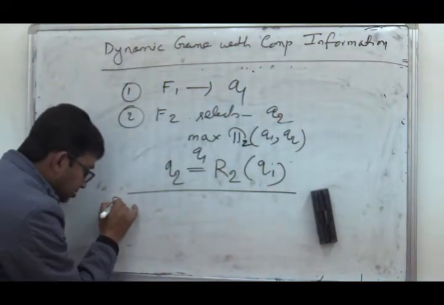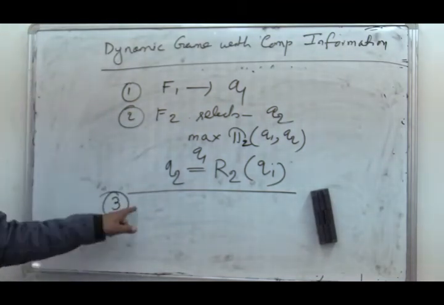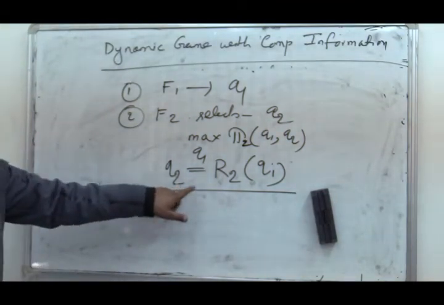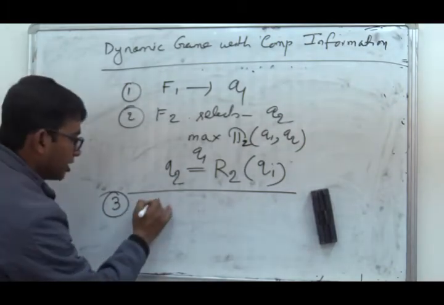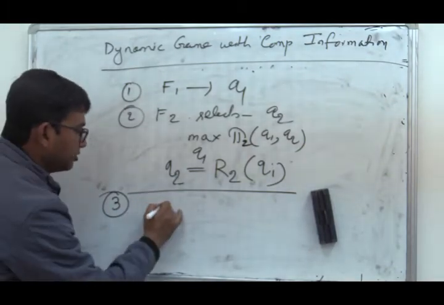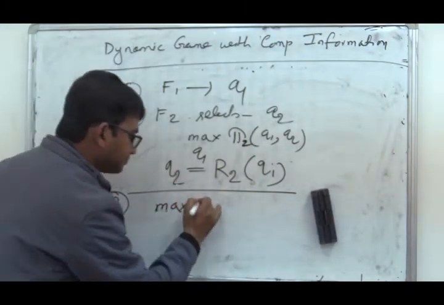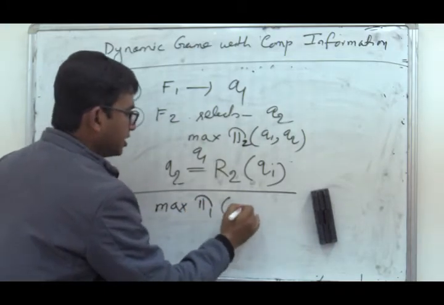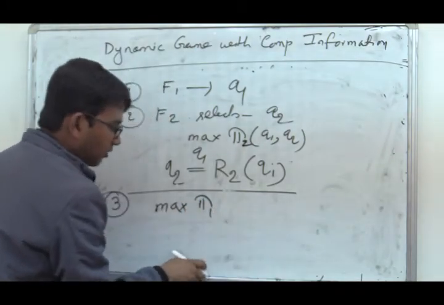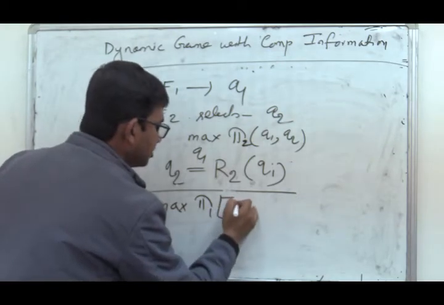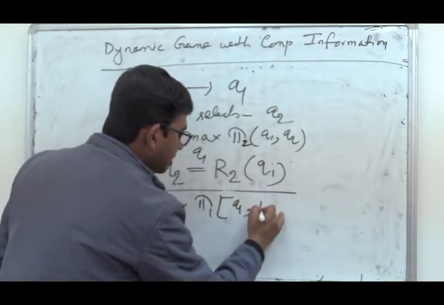And the next thing to remember is that firm 1 knows about the reaction of firm 2. So firm 1's objective will be to maximize profit, and its profit will be a function of Q1.